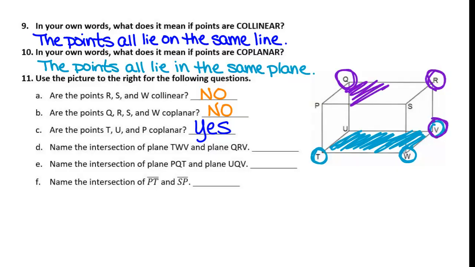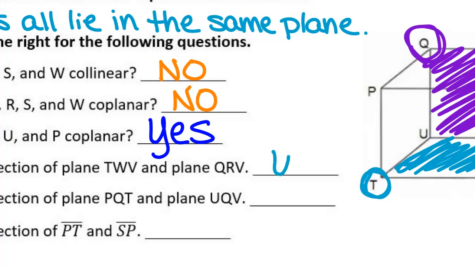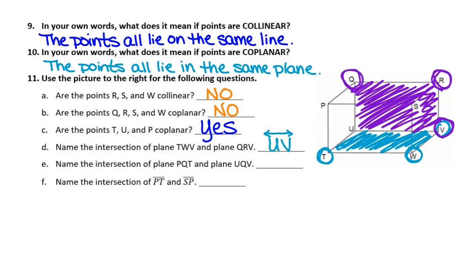So the back of the box and the bottom of the box touch each other where? U and V. And what else do I need other than those two letters to make this right? Yep, I need the line like this. Has to have the arrows. We need the dash with the arrows there. Nice work.